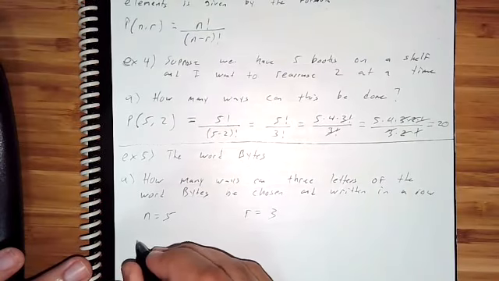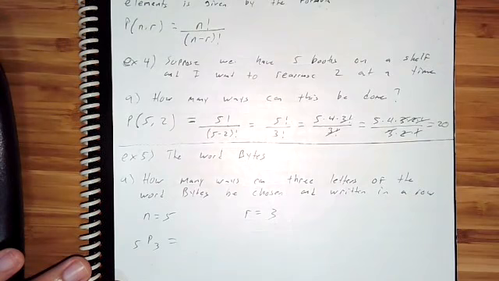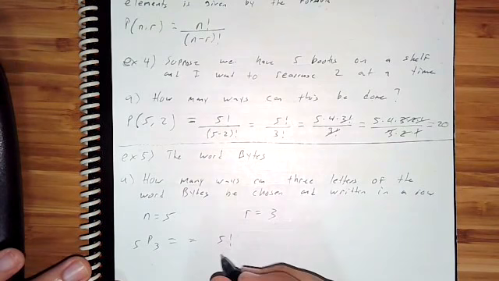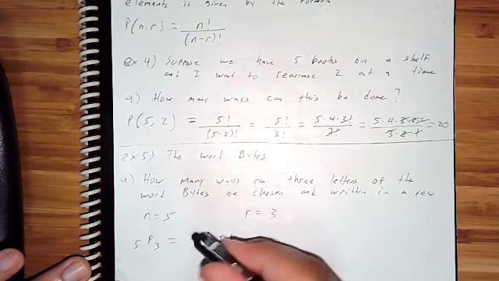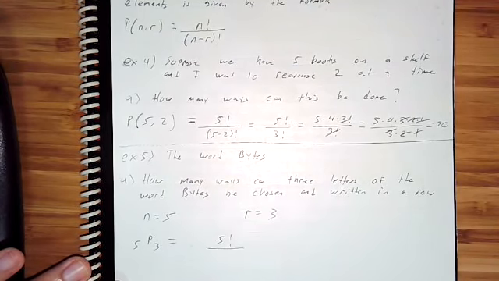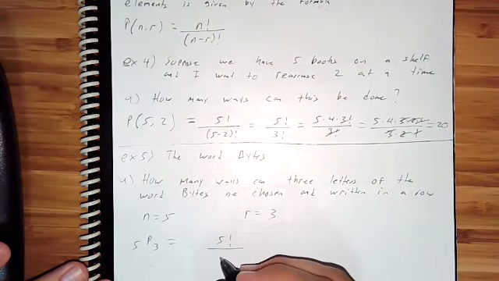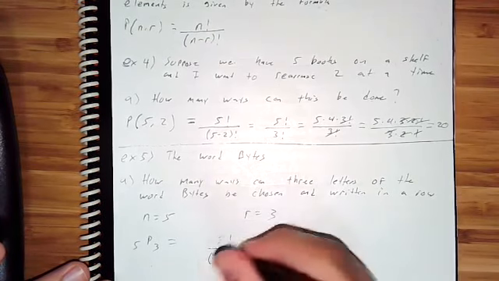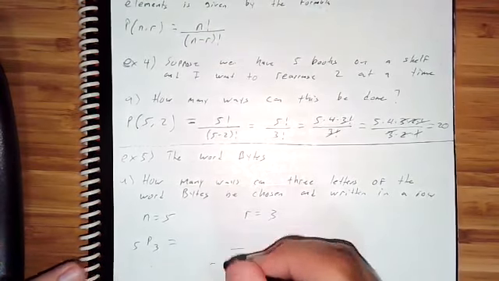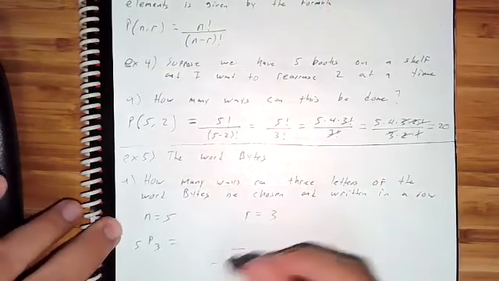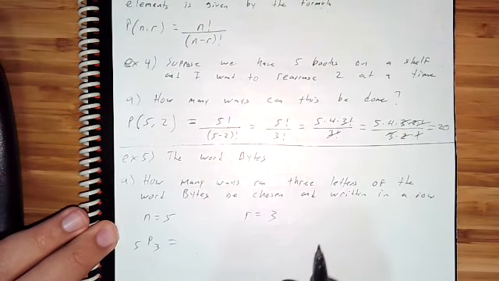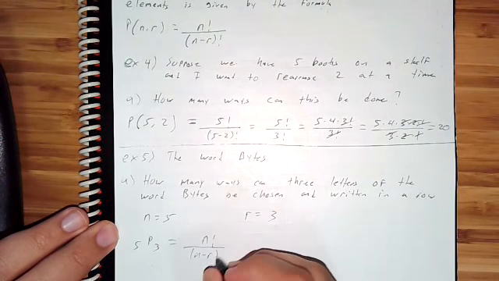So you would do 5P3. The formula says n factorial over n minus r factorial.